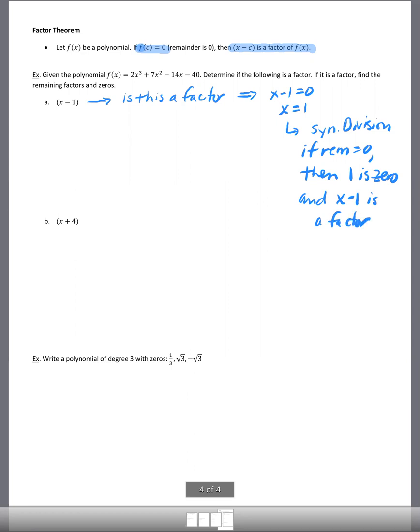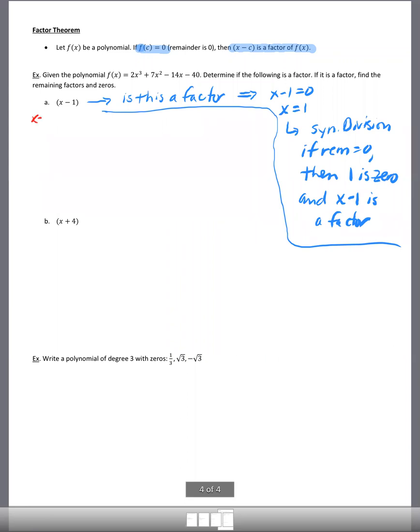So this is kind of what our train of thought needs to be for problems like this. This is actually working with the skill to help us as we move further into finding all of the factors and zeros. So in this first one here, we want to know, is x minus 1 a factor or not?